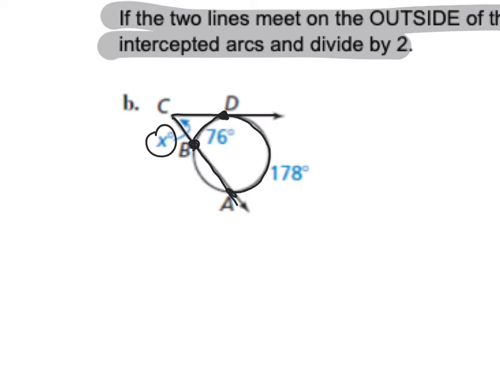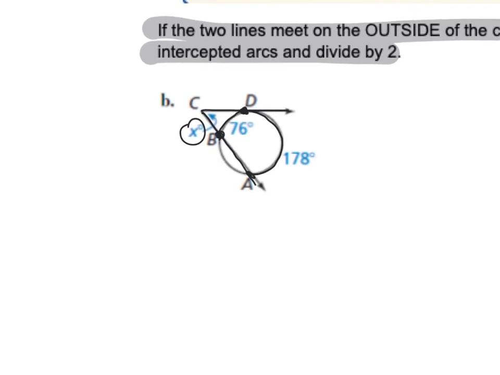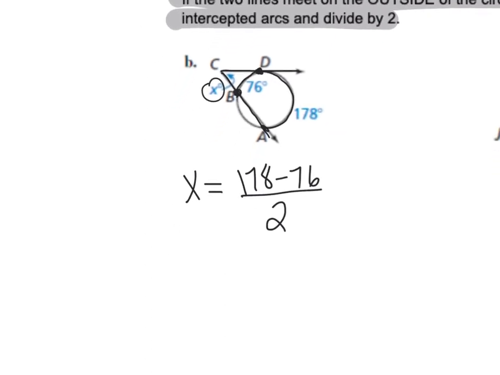So we know that if we are finding the measure of that angle, X is going to be, I'm going to subtract the angles, and obviously I'm going to subtract the bigger angle minus the smaller angle and divide by 2. So if I need to actually go ahead and solve that, I would need to say 178 minus 76 is 102.